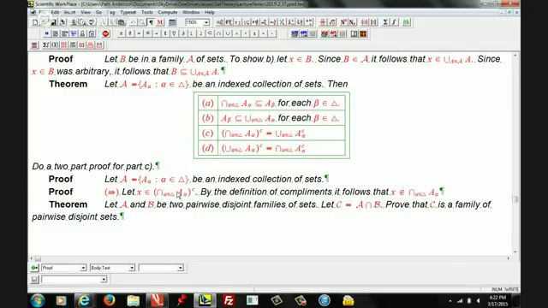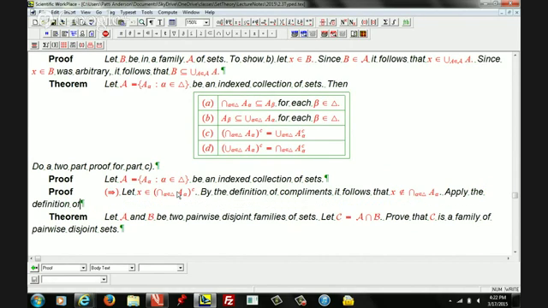I can write it this way. Take the complement and the parentheses off. By the definition of intersection, I know that x is not in some A beta, for some beta in delta.